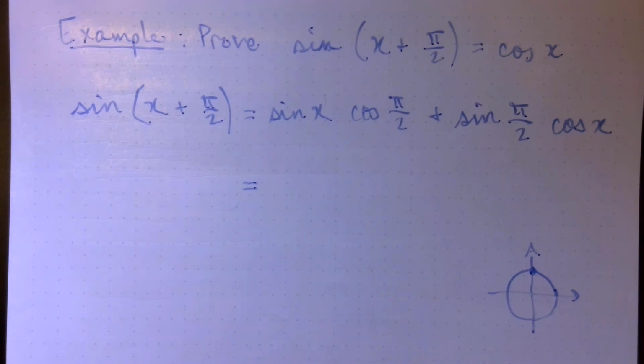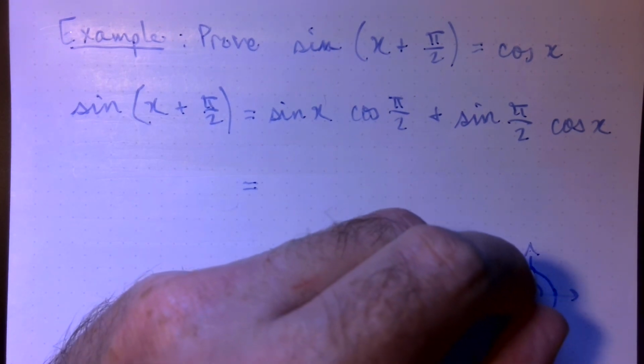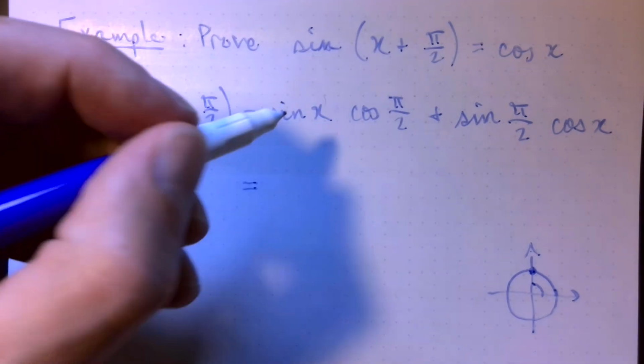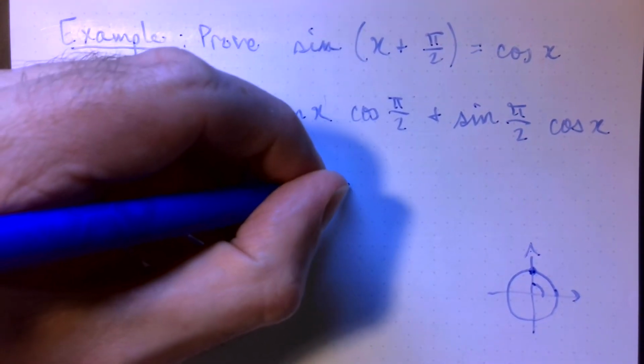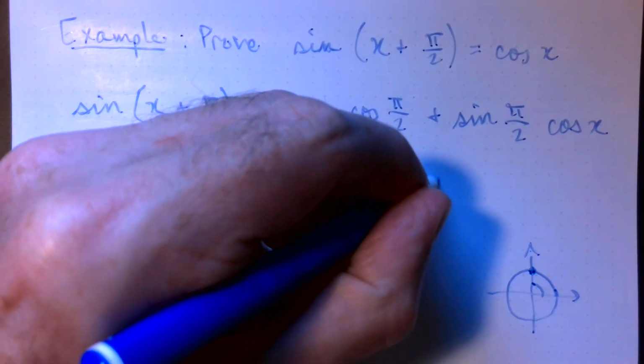If you're on the unit circle, the cosine of your angle is the x-coordinate. Well, if I'm right here, my x-coordinate is 0, so the cosine is 0. So I have sine x times 0. Now sine pi over 2, that's 1.